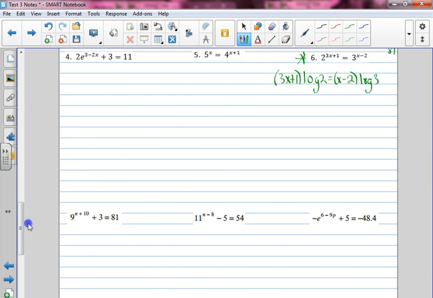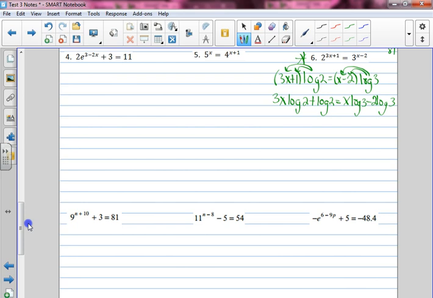Okay, so this one that you are going to have to distribute. So I go ahead and do that. I'm distributing by the log of 2. So 3x log 2 plus the log of 2. X log 3 minus 2 log 3. Okay, so now I have a messy problem.